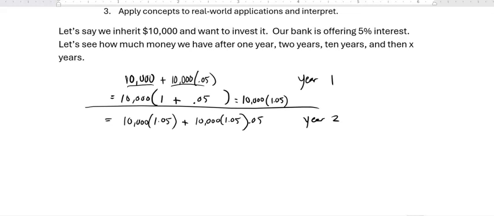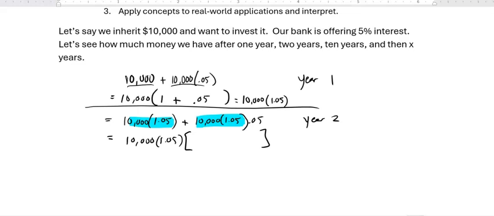And that would be 10,500 plus 10,500, 5% of that. So that's probably a bit over $500, that next interest payment. And now I'm going to factor out the common factor, which I know looks funny, but it's this. That's common to both terms, right?